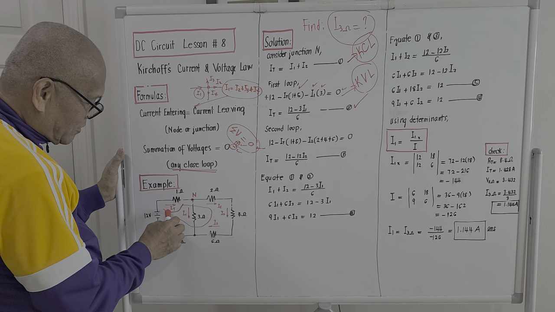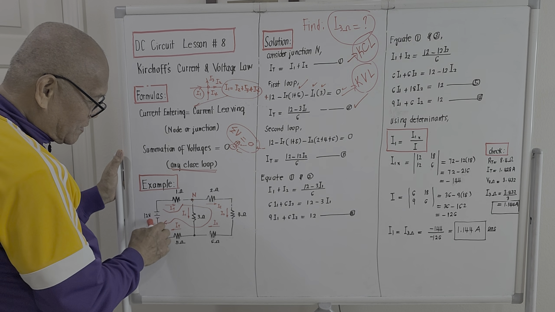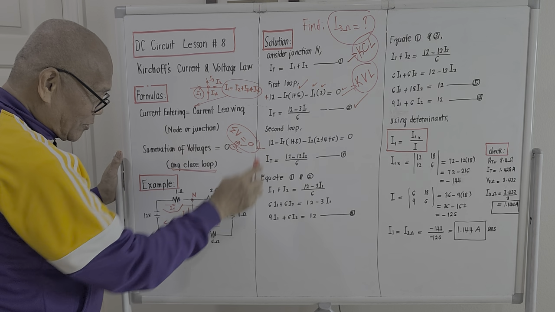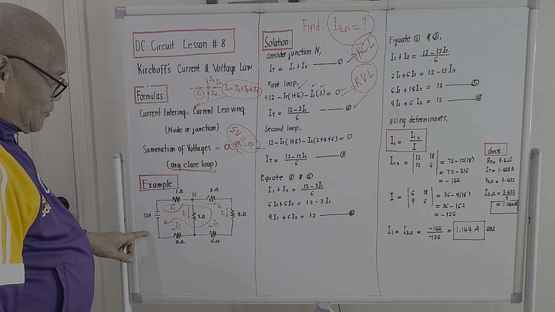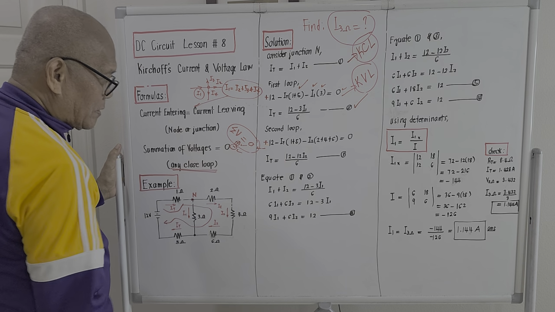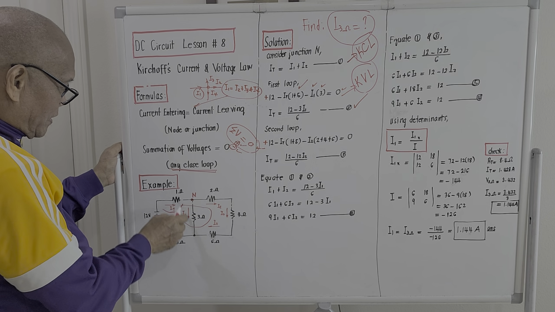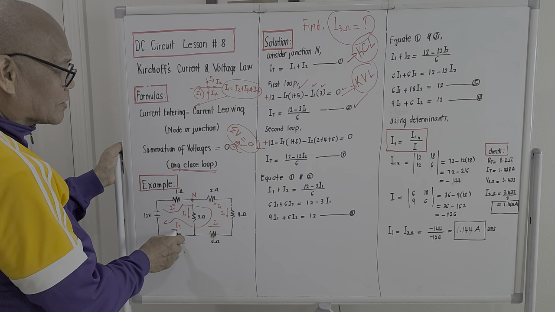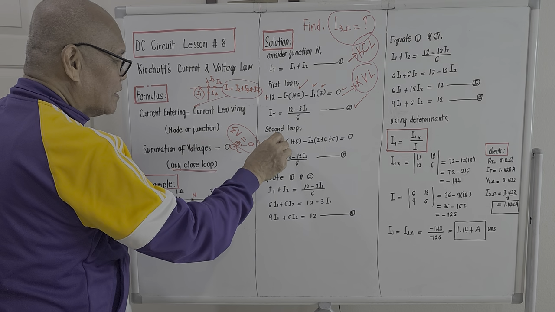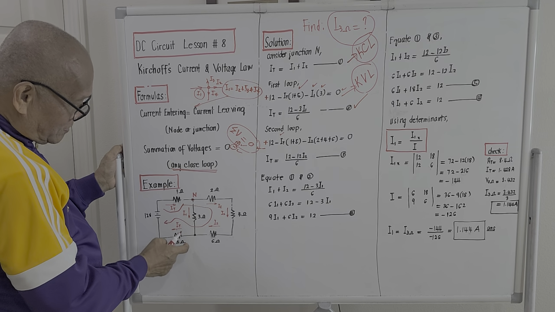We consider the second loop. Considering the voltage source, that's plus 12. The current passing here and here is the same as I total, so I place I total times the sum of these, 1 plus 5.